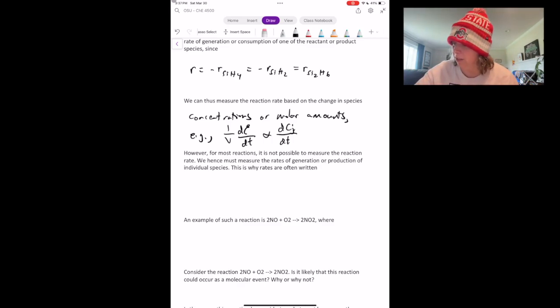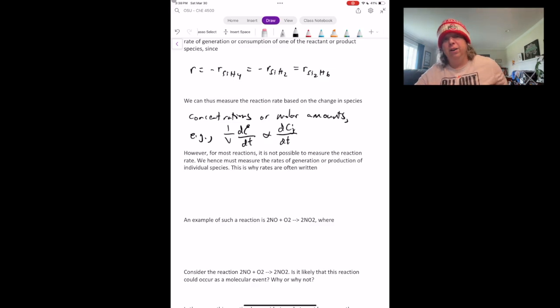However, for most reactions, it is not possible to measure the reaction rate, at least not explicitly. So we can't measure the reaction rate for most reactions explicitly. We hence must measure the rates of generation or consumption of individual species.